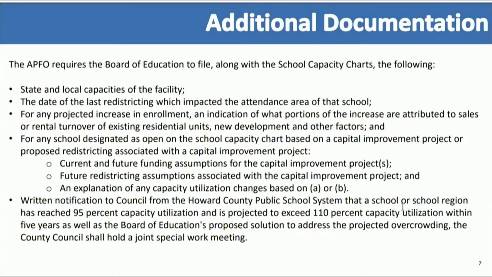The last page of attachment 3 is intended to be notice to County Council of the schools that have reached 95% capacity utilization and are projected to exceed 110% capacity utilization within the next 5 years. The attachment also includes potential solutions as required by the ordinance. Should you approve the motion as indicated in the report, council would then be prompted to hold a joint special meeting. Next slide.